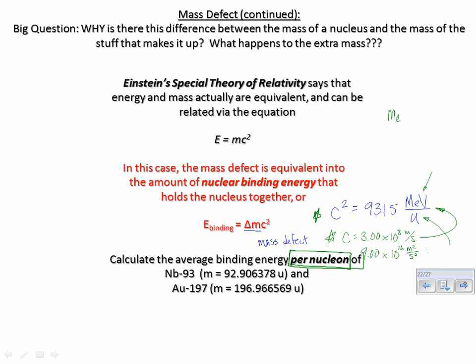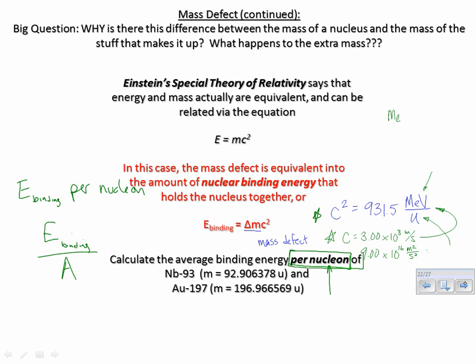So E binding per nucleon is just going to be E binding divided by A, where A is the number of nucleons. No big deal. Just divide by the total number of nucleons once you get your binding energy.